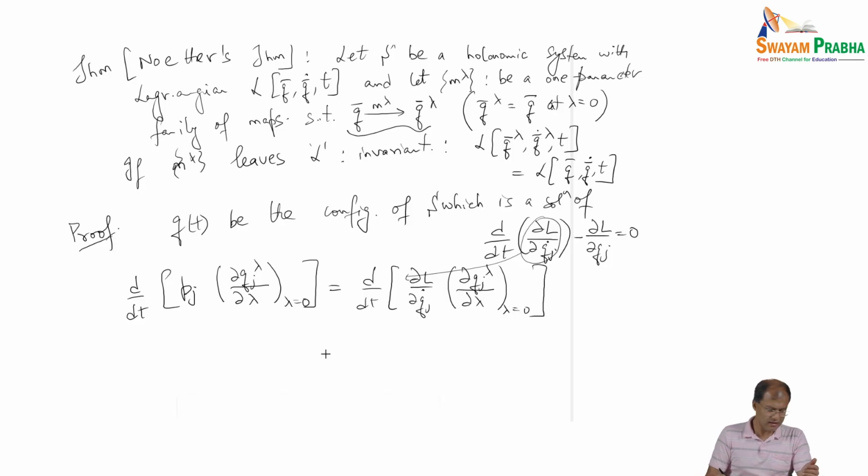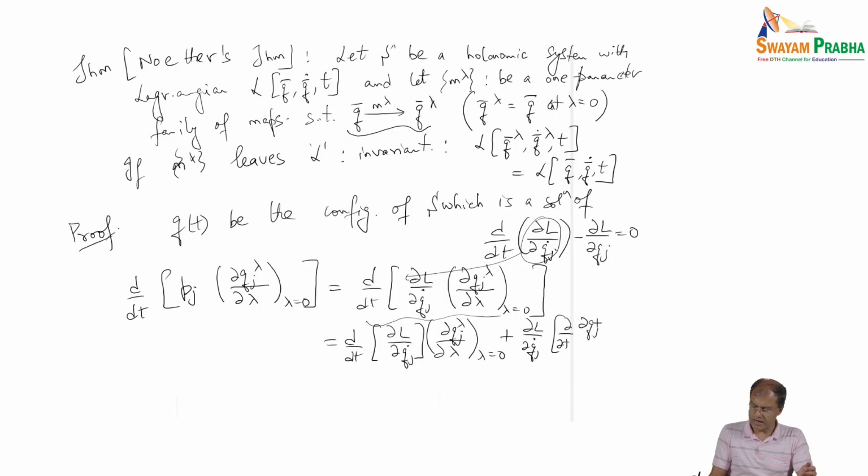Okay, so now if we were to rewrite this right hand side using chain rule, this is what we get: d/dt of partial L partial Qj dot times partial Qj lambda partial lambda at lambda equal to 0, plus partial L partial Qj dot times partial/partial t of partial Qj lambda partial lambda. Okay, so now what do we get?